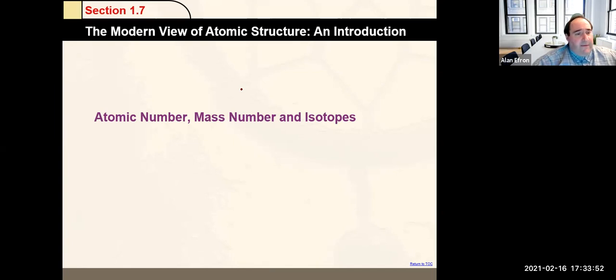Rutherford's gold foil experiment showed the atom is mostly empty space with a dense positive core, the nucleus, where our protons and neutrons are found.